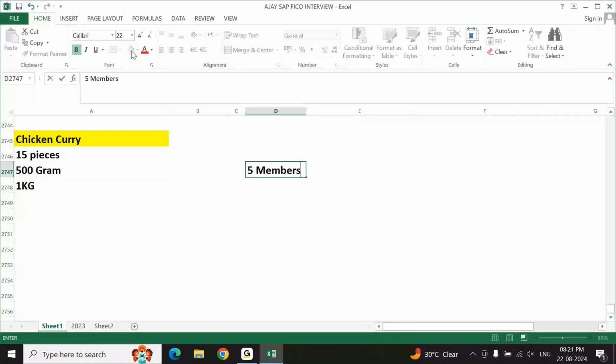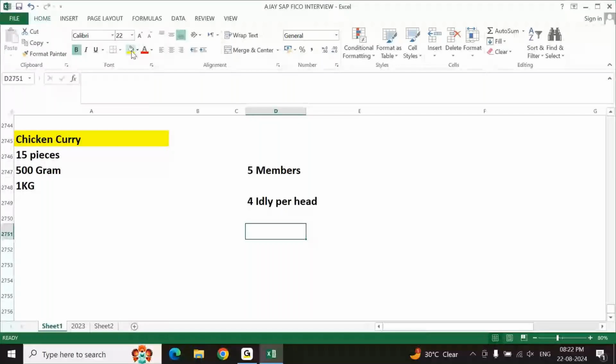So one morning for your family to have breakfast, how many idlis are required? 20 idlis, minimum 20. Let's say that nobody is eating more than 4 or less than 4. Let's go ahead with 20 idlis.